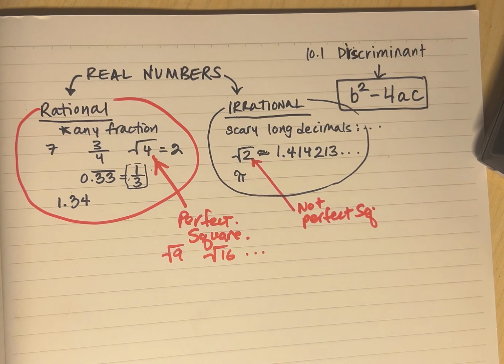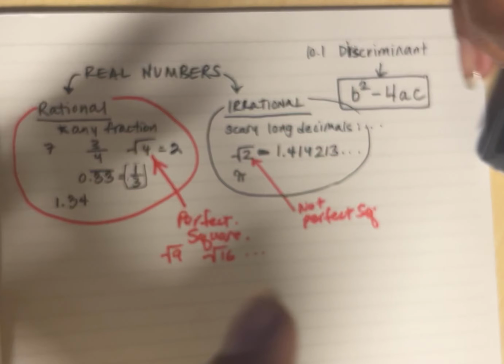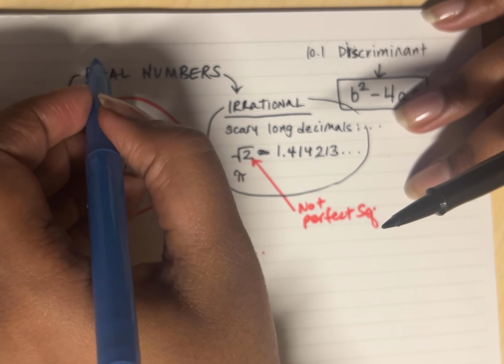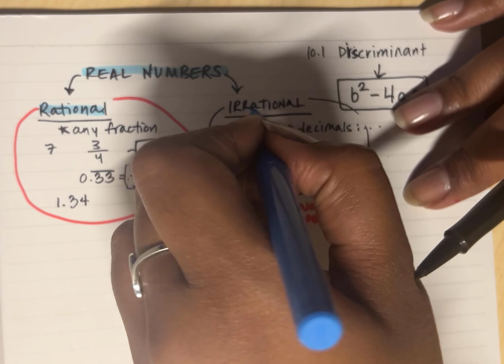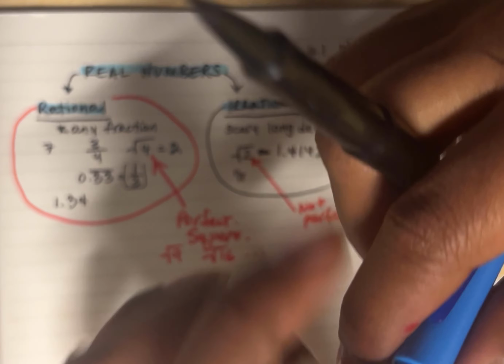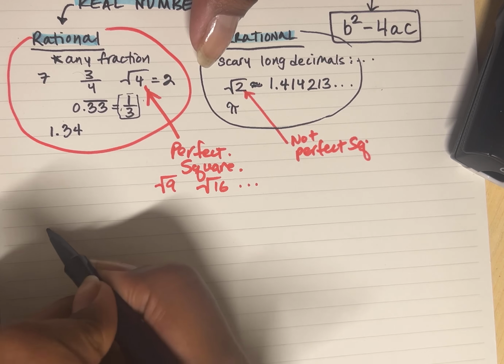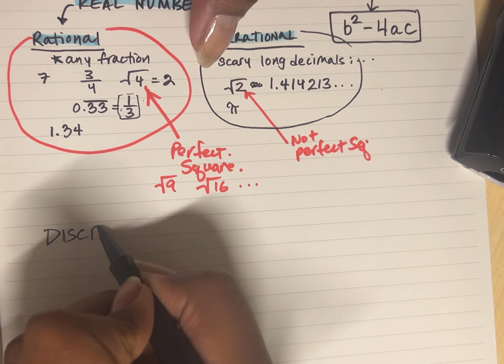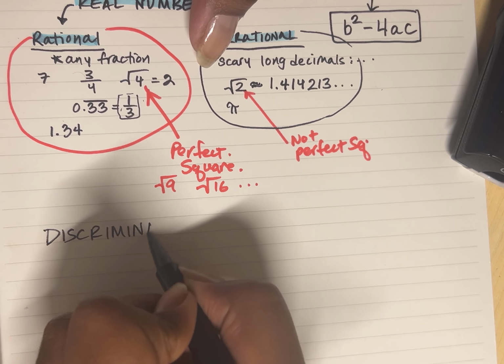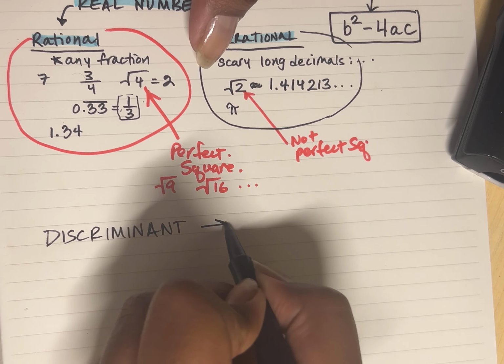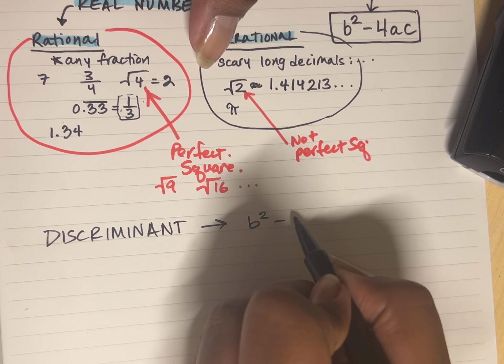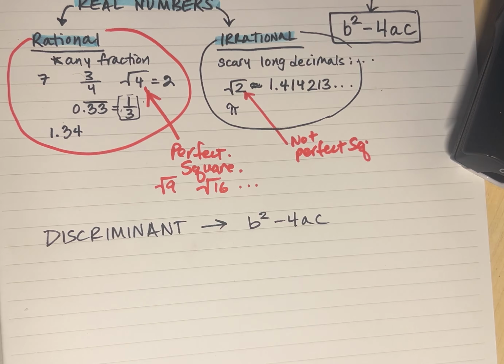So these are the two types of real numbers that we'll be working with: rational real numbers and irrational real numbers. Our discriminant is again our b squared minus 4ac.